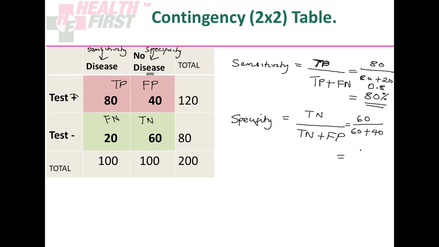And this gives us 60 over 100, which gives us 0.6. If you wanted to express this as a percentage, of course, you would multiply this by 100, which gives you 60% specificity, right? So 60% specificity, 80% sensitivity.